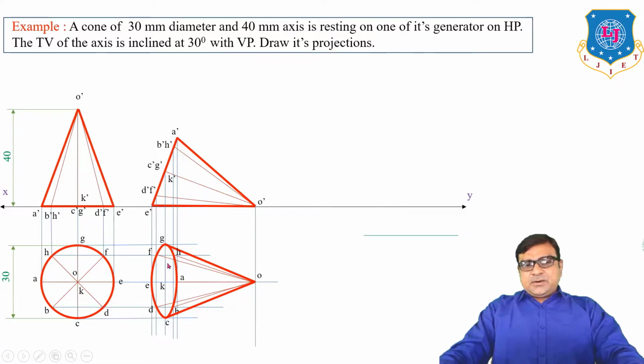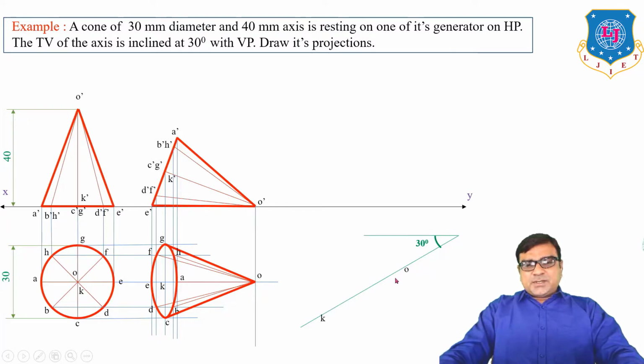So here redraw this top view again, in which the top view of the axis must be inclined 30 degree to VP. So draw one line parallel to XY at any distance and draw a line 30 degree inclined to this horizontal line, means this line is inclined 30 degree to VP. Now copy paste this figure here in such a way that your OK line lies on this line.